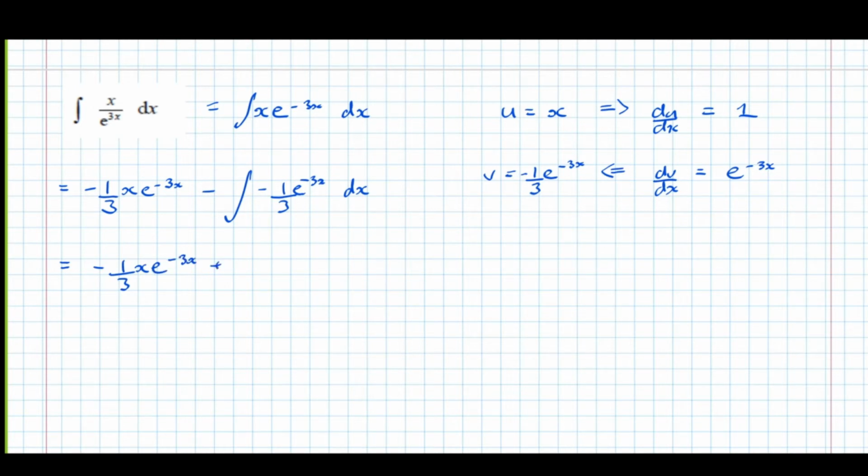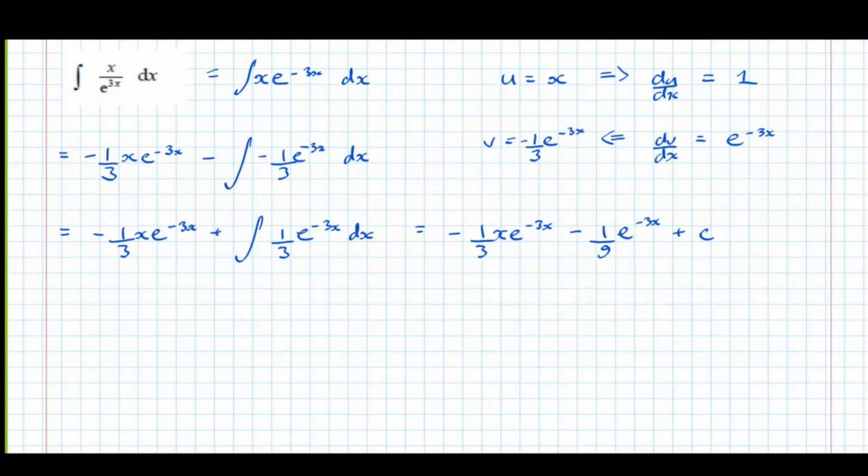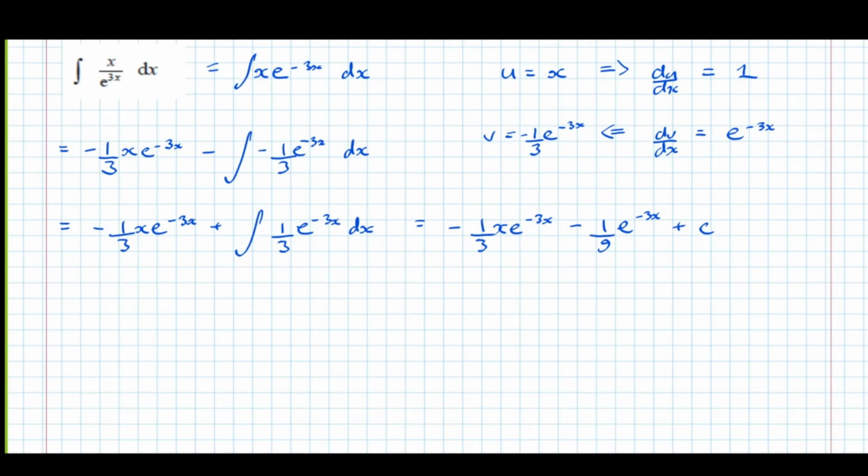And I'm going to tidy this up before I try and integrate it. Double minus makes a plus. A third e to the minus 3x dx. And now we are ready to do the integration. Equals minus a third x e to the minus 3x. And the integral of that is itself divided by minus 3. So minus 1/9 e to the minus 3x. I always remember the plus c. Did I remember the plus c the last time? Yes, I did. So 1 mark to be lost for not remembering the plus c.